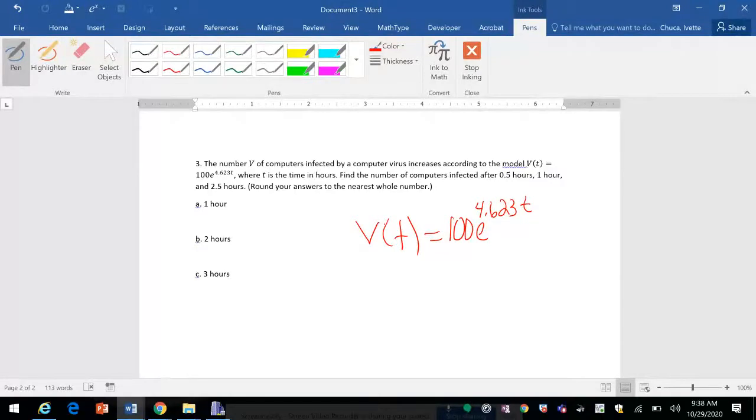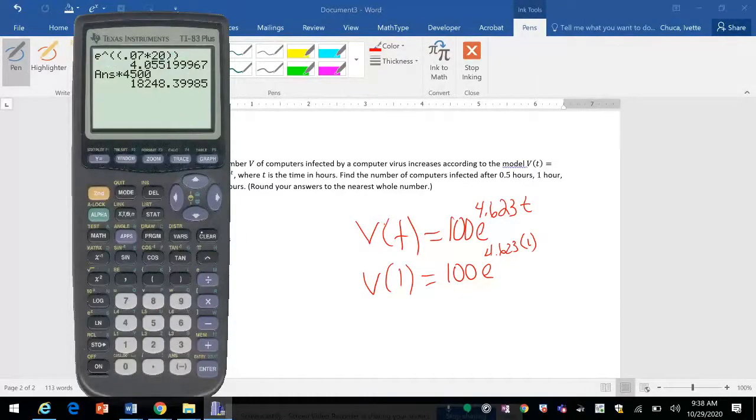So the number of computers infected is given by V, and so the time for the first one is 1 hour. So we get 100e to the 4.623 times 1. So we put this in our calculator. We're going to have second E of 4.623 times 1, times 100.